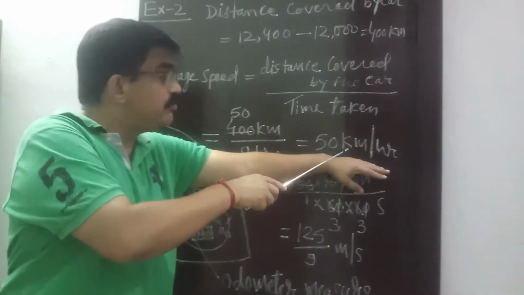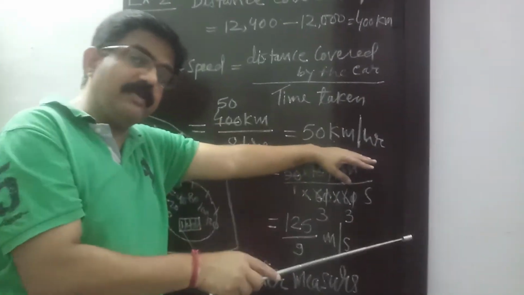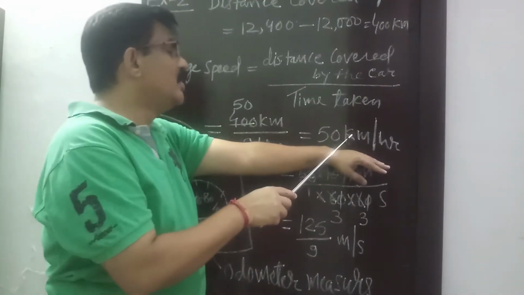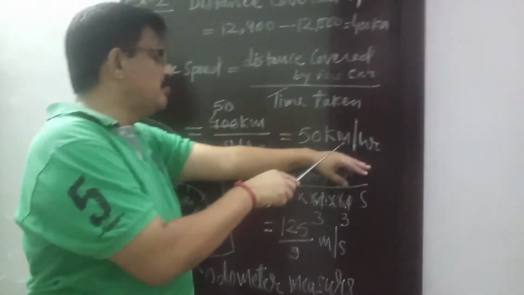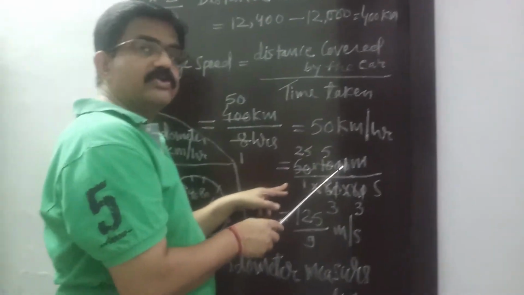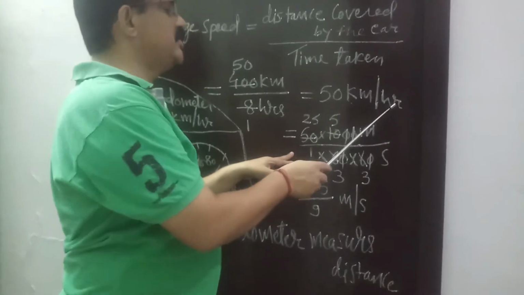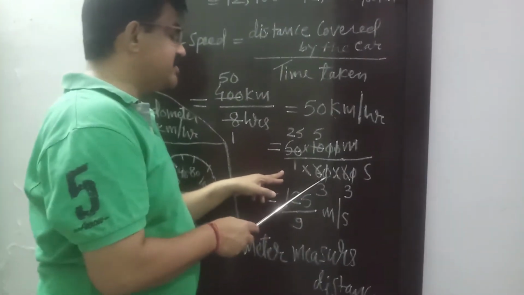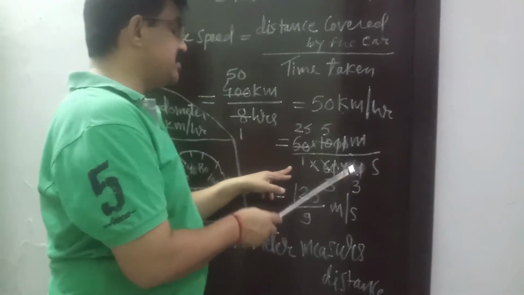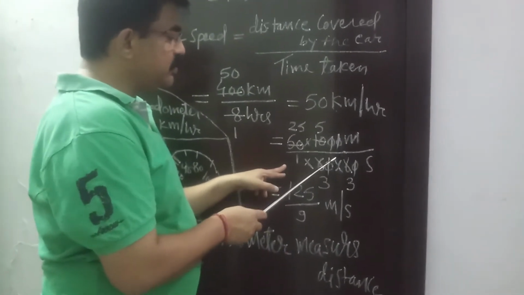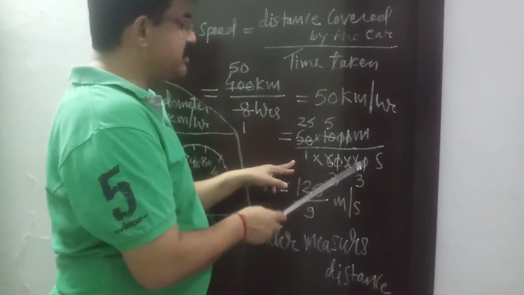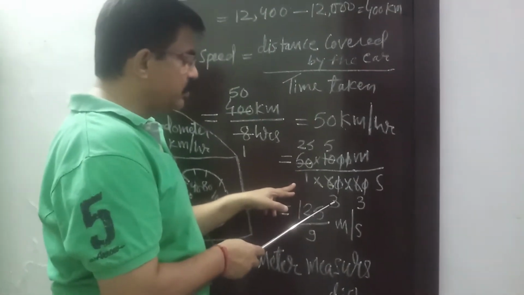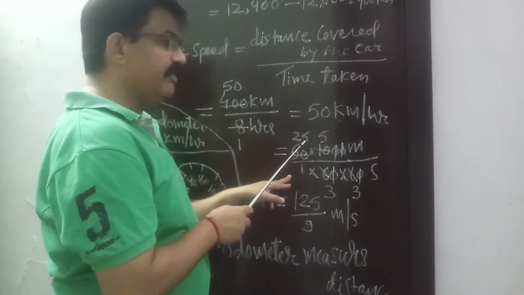Okay, if you want to find this speed in meter per second, then what will you do? 1 kilometer equals 1000 meter, so we will multiply it by 1000, and 1 hour equals 60 minutes and 60 seconds, so 60 into 60. When we solve it, 2 zeros are cancelled. 2 3 ja 6, 2 5 ja 10, 2 3 ja 6, 2 25 ja 50.